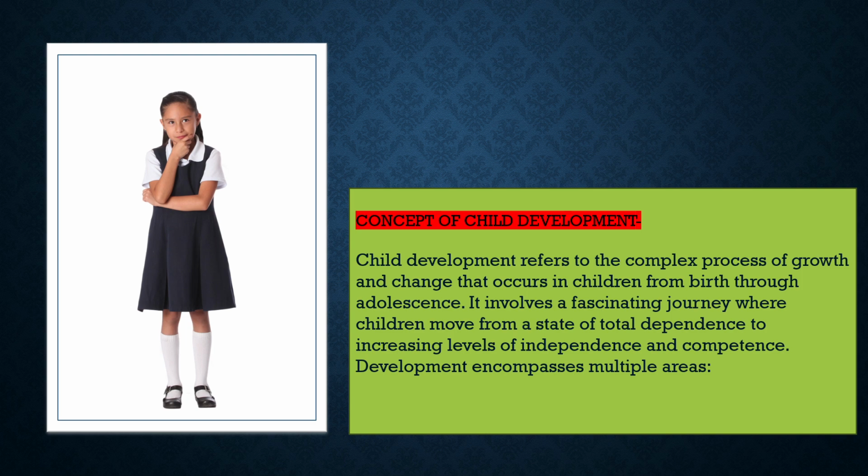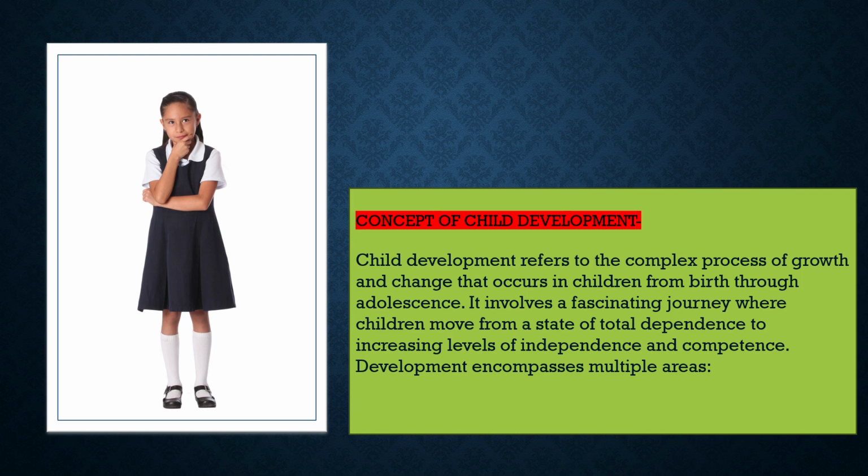But then as they are growing from early childhood to later childhood, then to adolescence, they give up their dependence, so they become more and more independent, which means of course they have to depend on others, but it does not mean that they will depend on others for each and every little thing. So they will not depend, right?